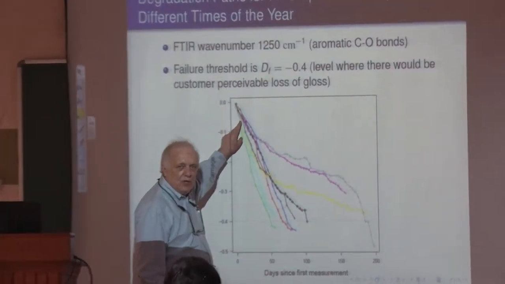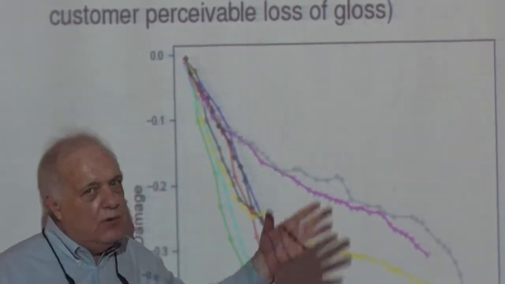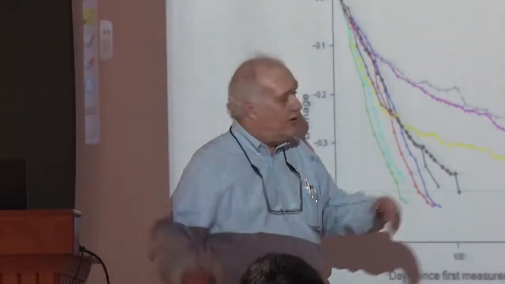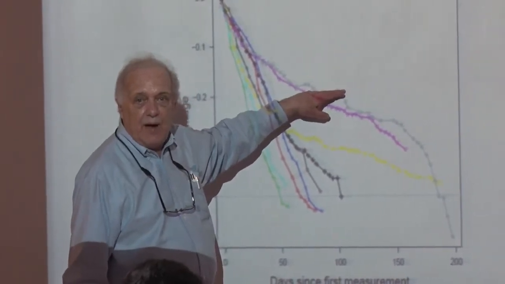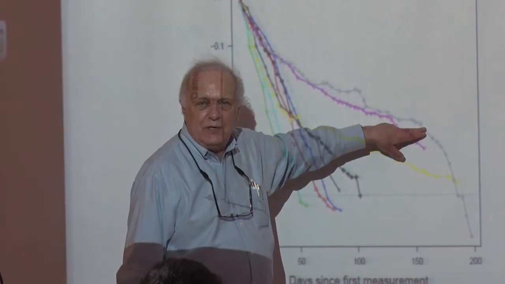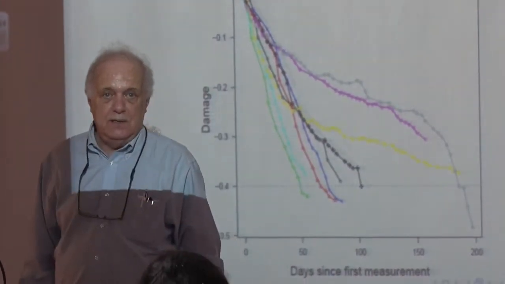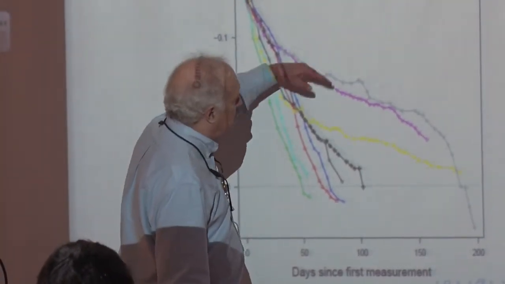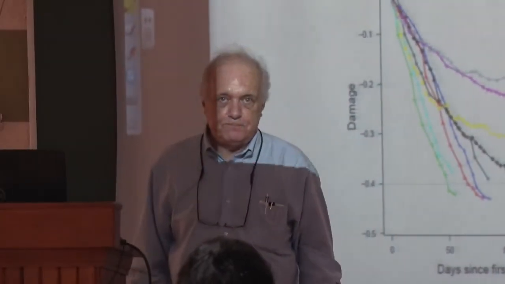So it's going down a little bit fast, but then you get into November and January and February, where there's not much light. There's a lot of clouds and there's just not much sun, and so it levels off there. It's not degrading very rapidly. But then you get out into the springtime, and again, you're into May and June, and then it starts going down rapidly again. So the huge difference between these units is driven by when they went into service.